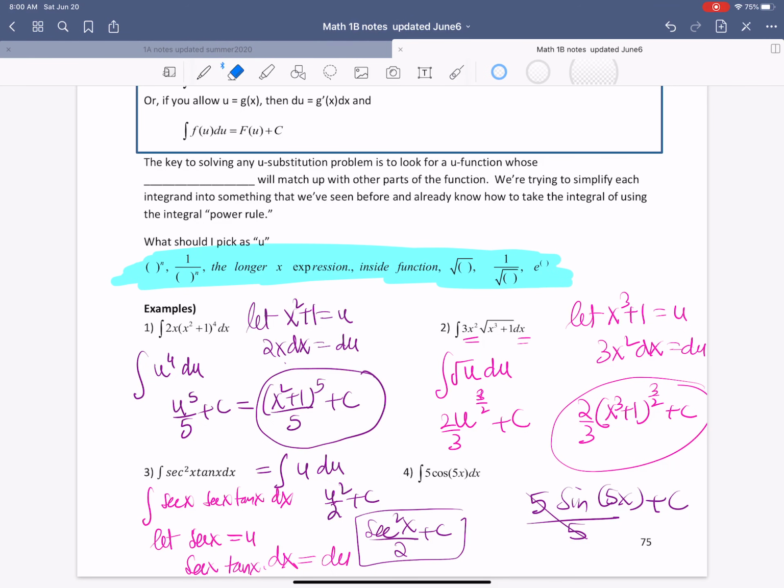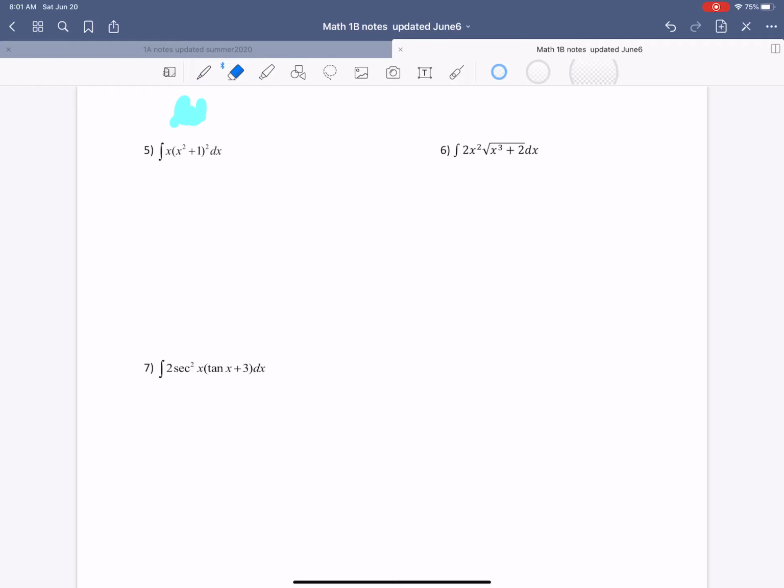Okay, next example, x times x squared plus 1 to the second power. So again, use substitution here. Use substitution does not always work, but all the ones I'm doing right now, the use substitution does work. I'm going to let x squared plus 1 be u, 2x dx be du, and I don't have the 2 in the front, so I can take it to the other side.